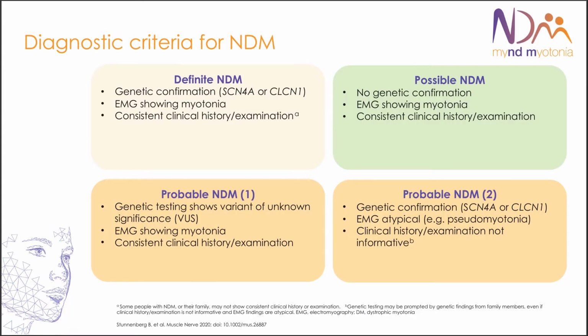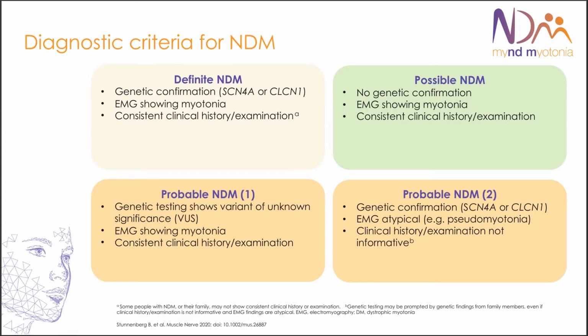So the diagnostic criteria: there is a definite NDM where there is genetic confirmation of the sodium or chloride channels, EMG showing myotonia, and consistent clinical history and examination. Possible NDM when there is no genetic confirmation but EMG showing myotonia and consistent clinical history and examination.